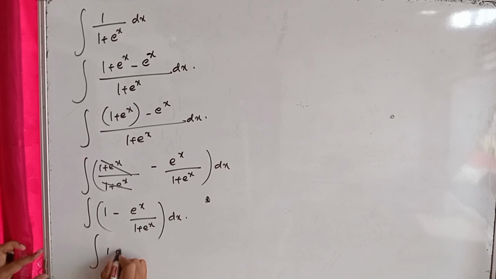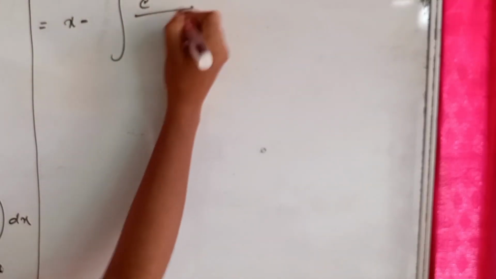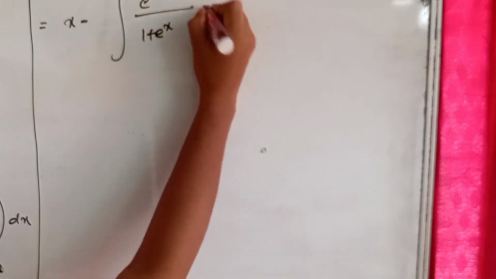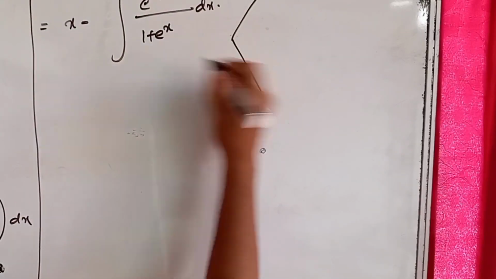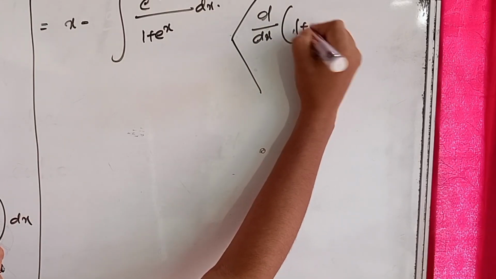Now we separate the integral as integral 1 dx minus integral e raised to x by 1 plus e raised to x dx. So the integral of 1 is x, minus the second expression, integral e raised to x by 1 plus e raised to x dx. Here we check the derivative of the denominator.